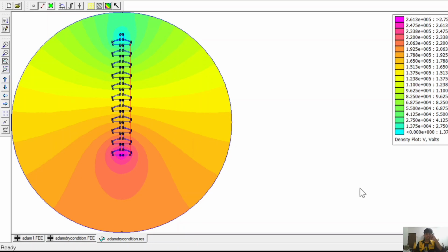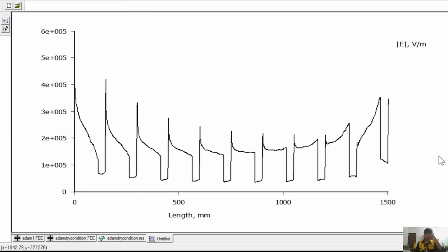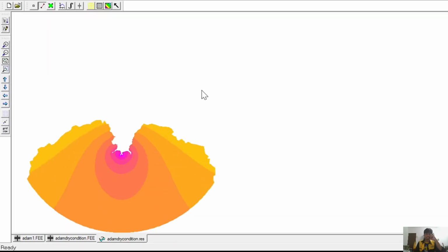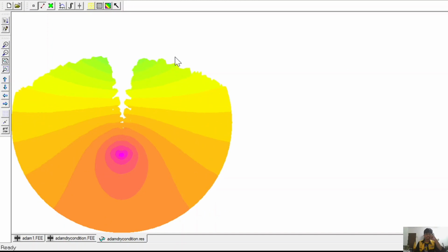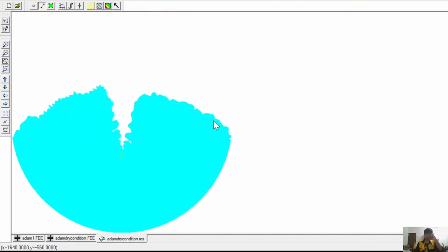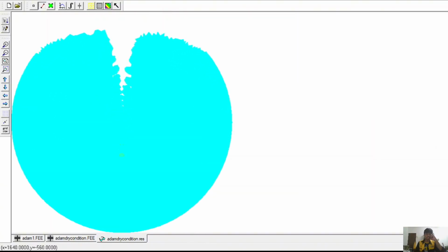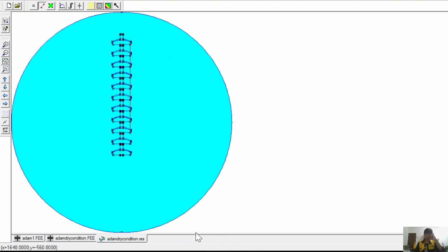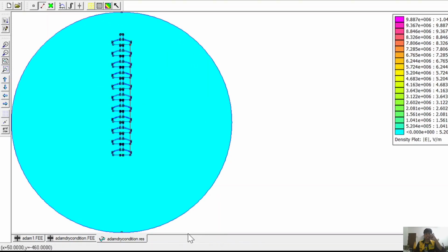For our magnetic field intensity, this is our graph for the magnetic field. For our field intensity simulation, as you can see, there is field intensity just at the area of the high voltage, same as the normal condition, clean condition.